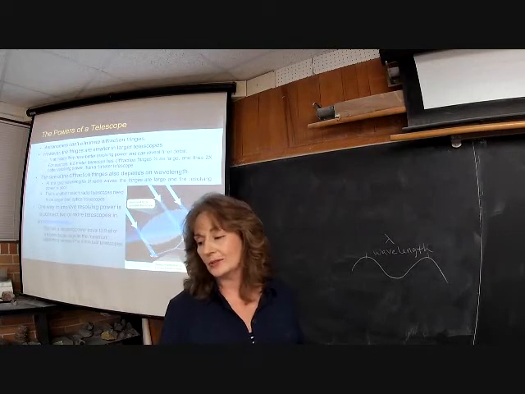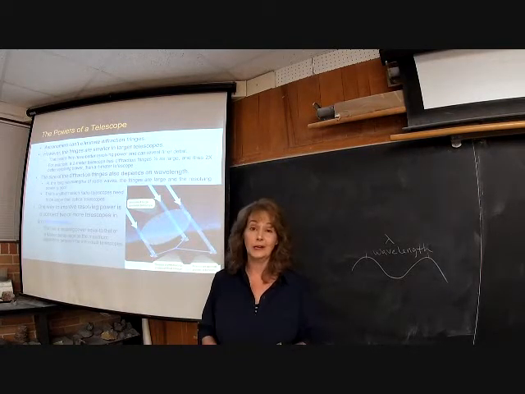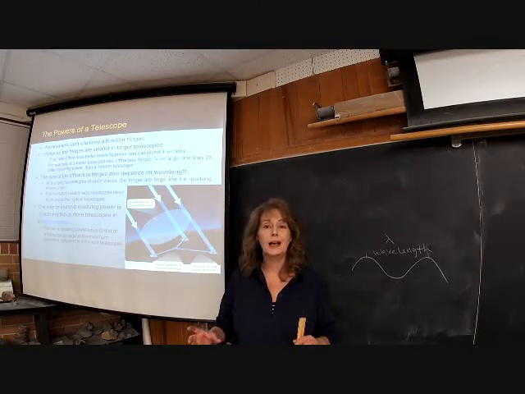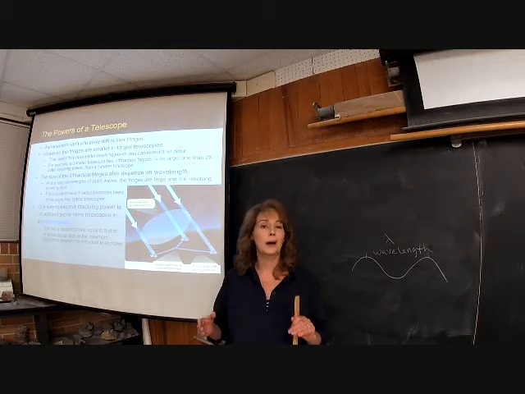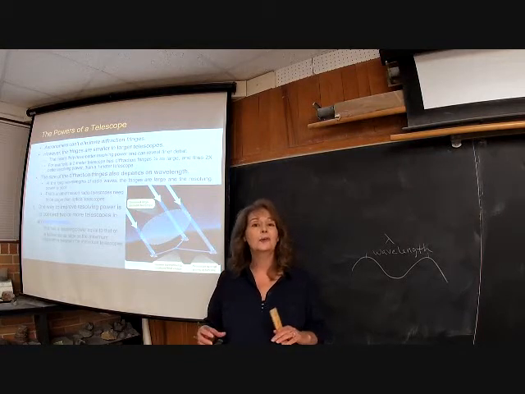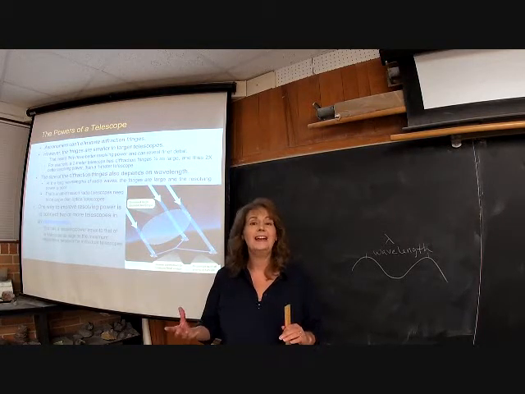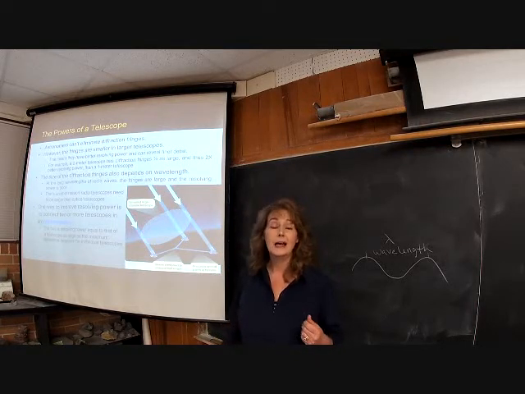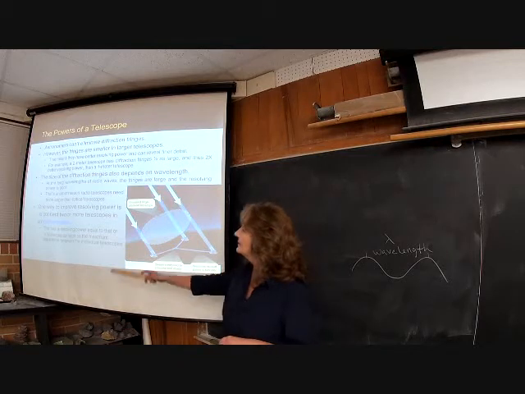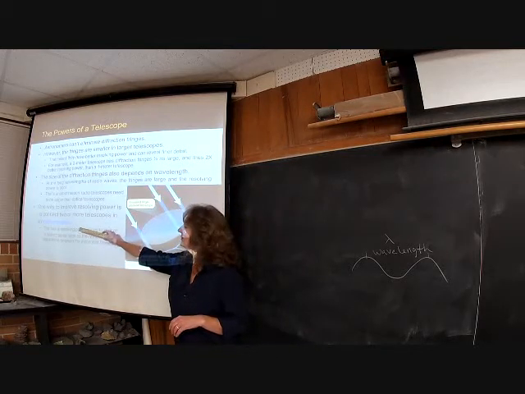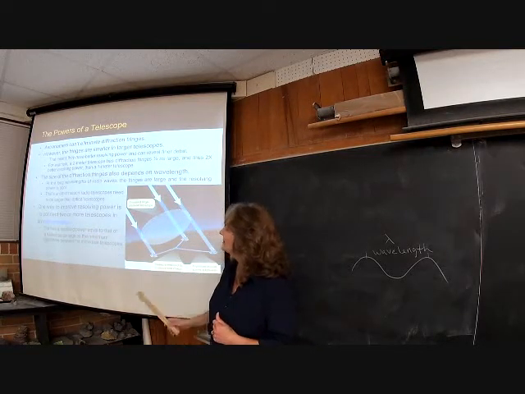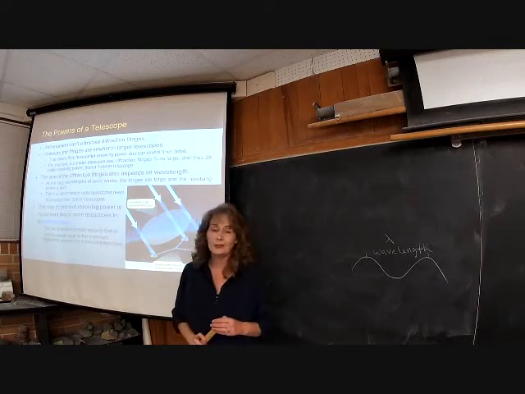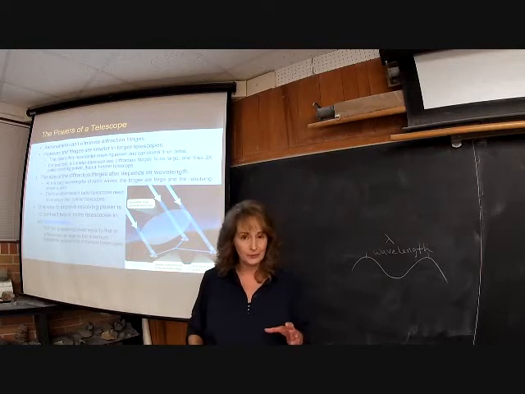Something that they'll do, which works really nicely, is to take several separate telescopes and link them up virtually, and create in that manner a larger overall area. And we call that an interferometer. So there's that term, interferometer. One way to improve the resolving power is to connect two or more telescopes.